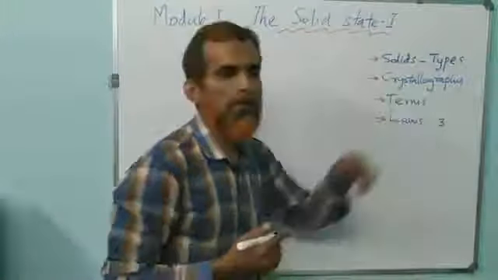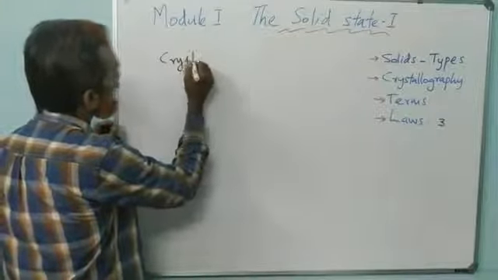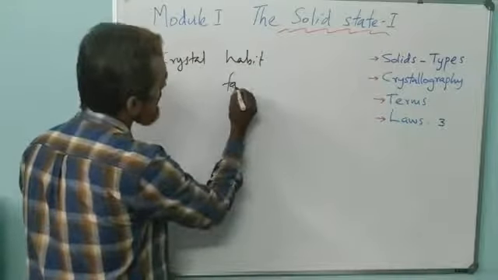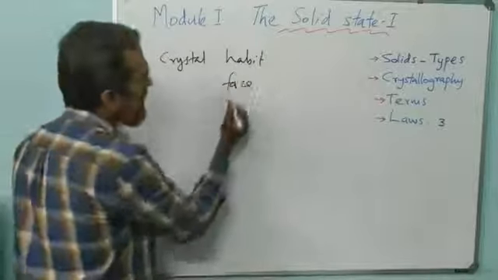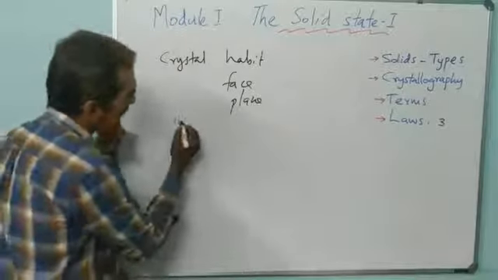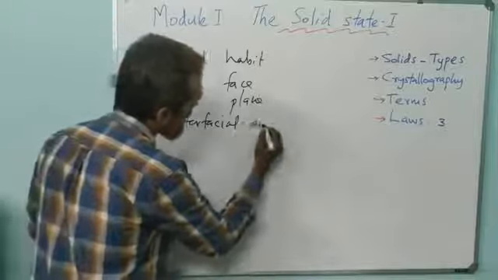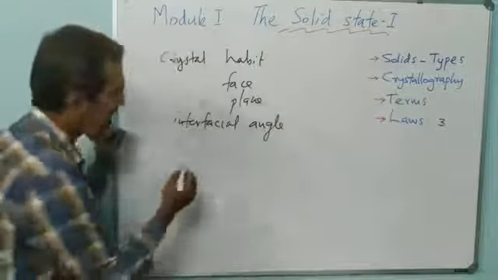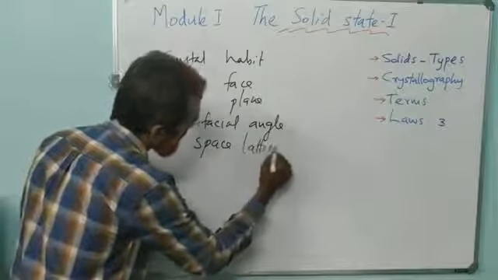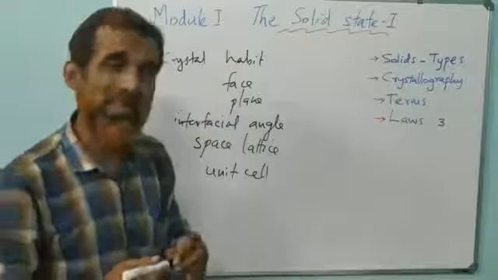In crystallography, we come across some terms like crystal habit, crystal phase, crystal plane, interfacial angle, then space lattice, unit cell, and many more terms. We will come across more terms later.